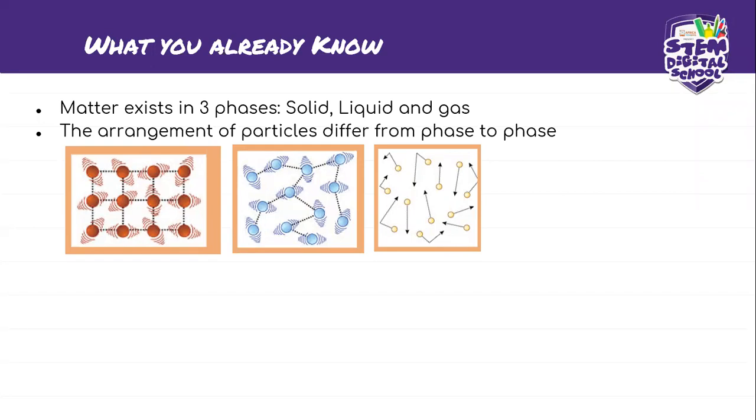Just to revise again, the first picture indicates the arrangement of particles in a solid. Remember, particles in a solid are in a fixed position and only vibrate in their fixed position. They have limited movement and they are structured.